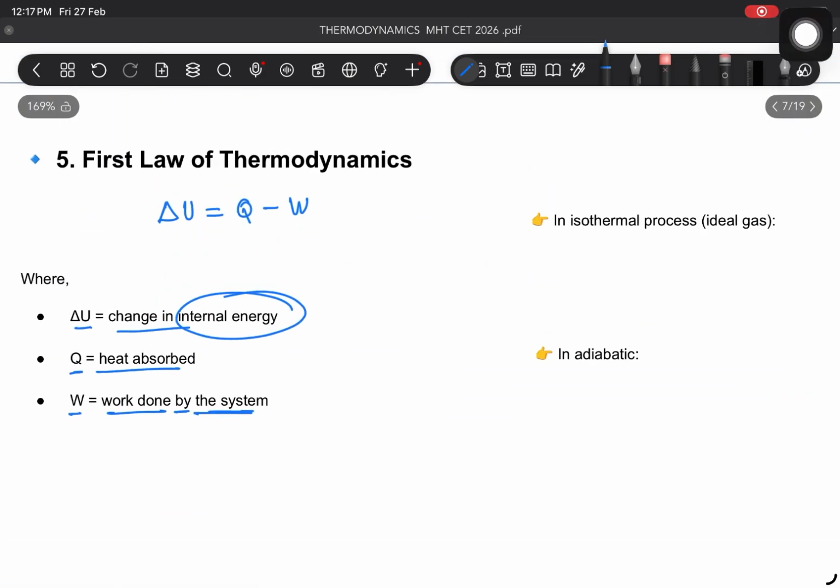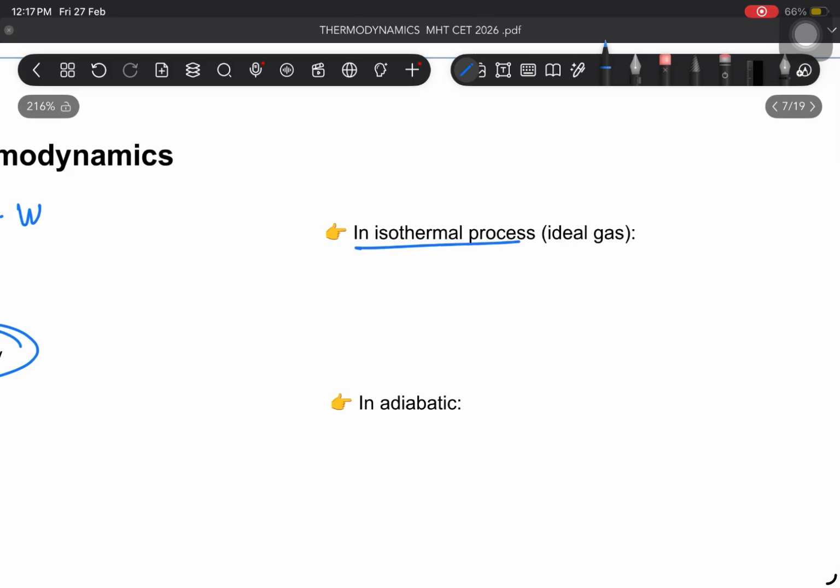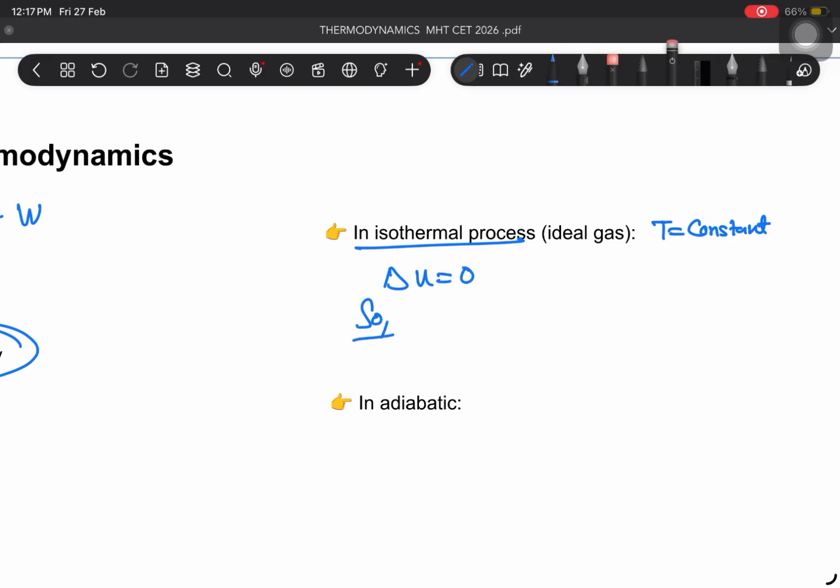In an isothermal process, temperature is constant, delta U equals 0. So Q equals work done.